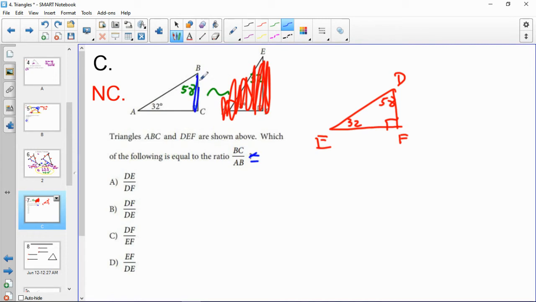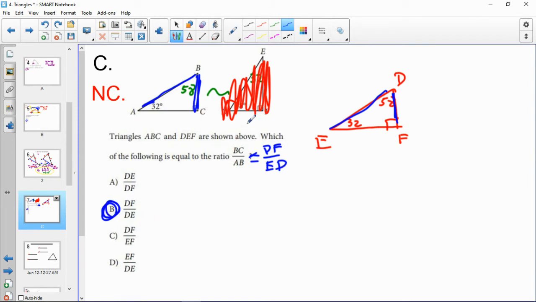So BC is this one. So then the matching side for the other triangle is DF. So that's going to go on top. And AB is the side on the bottom, and that's the hypotenuse. So then for this triangle, that's ED. And with that, it's much easier to see that B is the answer.